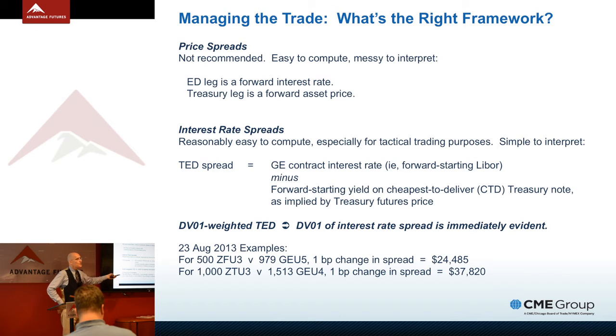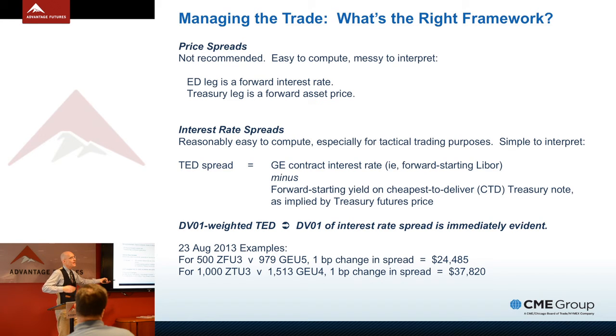Now the beauty of this is that if you set this up as a DV01 weighted spread, you know immediately the value of a move up or down in this rate spread. Suppose you're long this 5-year TED. You're long 500 of the 5-year notes. You're short 979 of the first green euro-dollar.